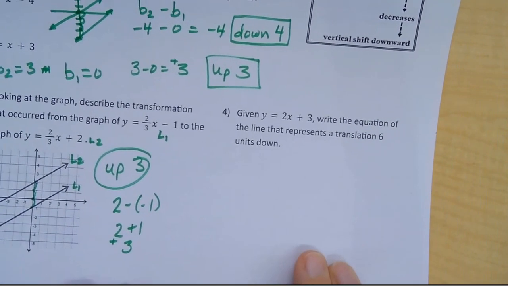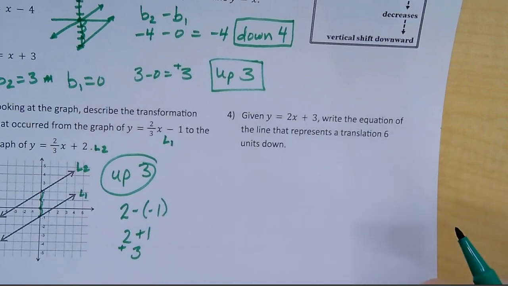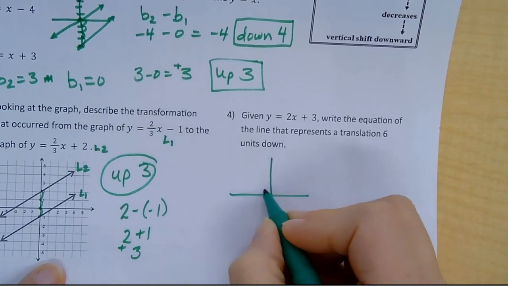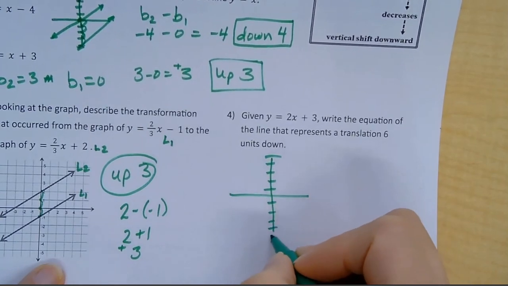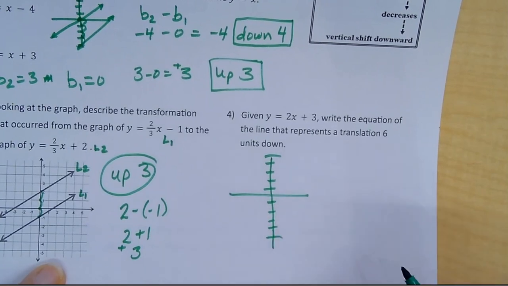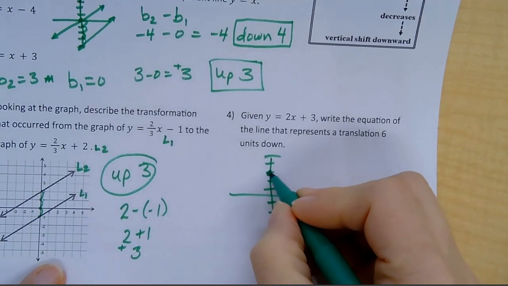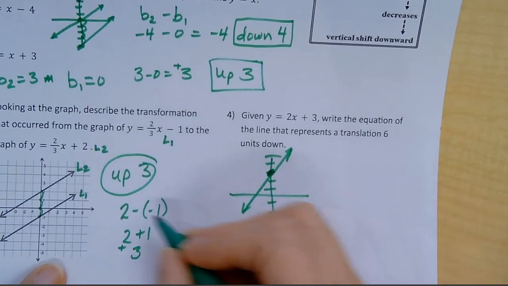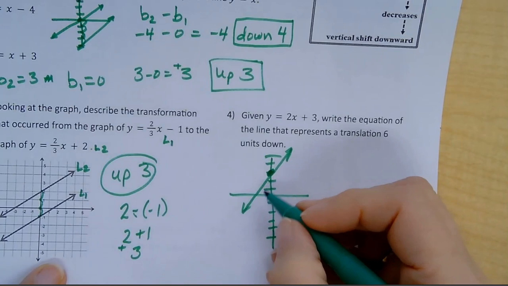Okay, given y equals 2x plus 3, write the equation of a line that represents a translation 6 units down. Let's give ourselves a quick 3, 4, 5, negative 1, 2, 3, 4, 5. So I'm giving myself a rough coordinate grid, right? Cartesian plane here. So if I have one line that starts at 3 and has a slightly steeper slope than my original line over here, my granddaddy of all lines, my parent function.